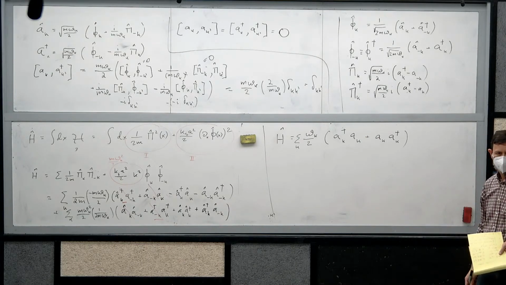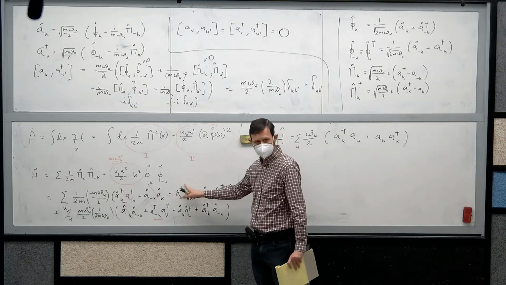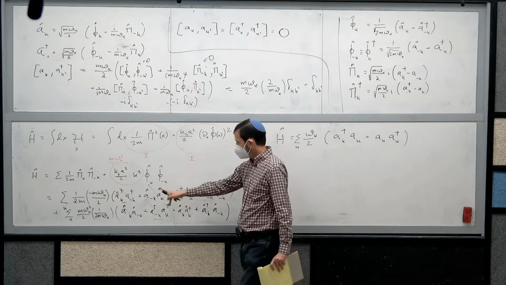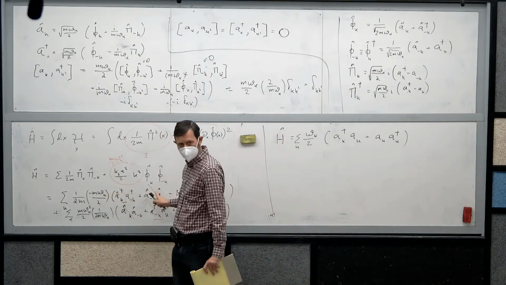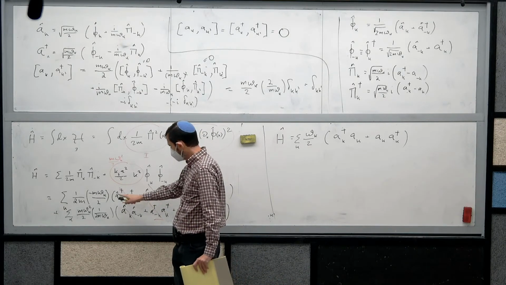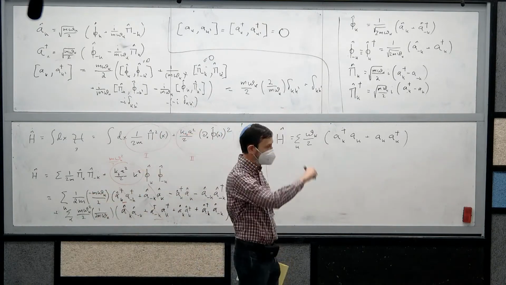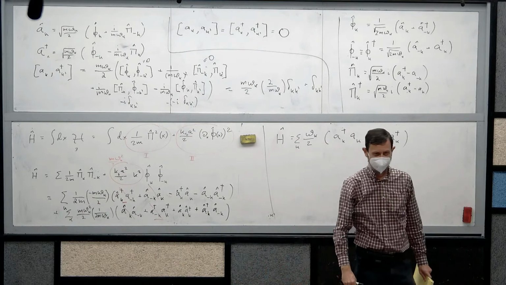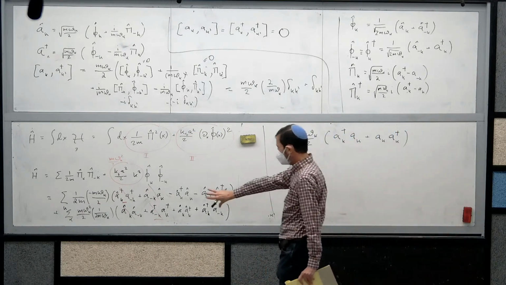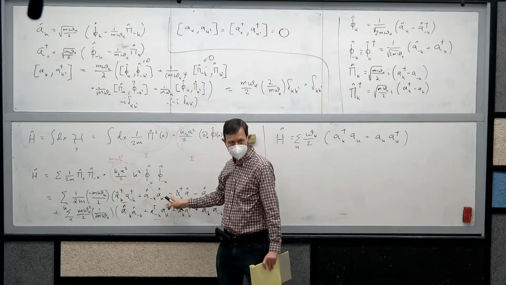Why do they cancel? You have a plus. These have minuses between them. There's a plus there. Ah, okay. So these guys fall off. Here the minuses become pluses.